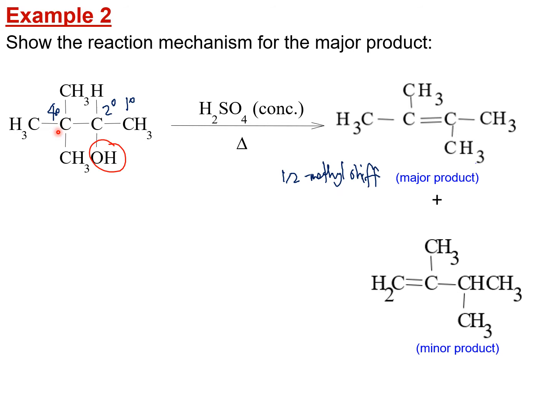If it is next to a tertiary carbon atom, that means probably it has a hydrogen, so it will do a 1,2-hydride shift. But in this case it does a 1,2-methyl shift. So how can you show it in the reaction mechanism? Let's check it out.